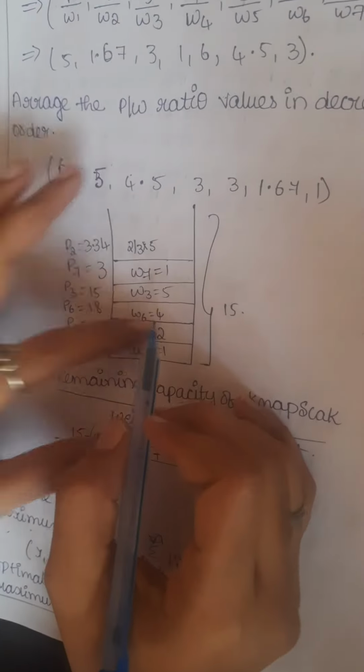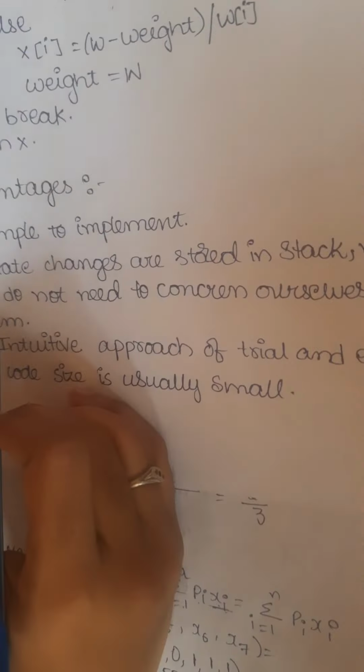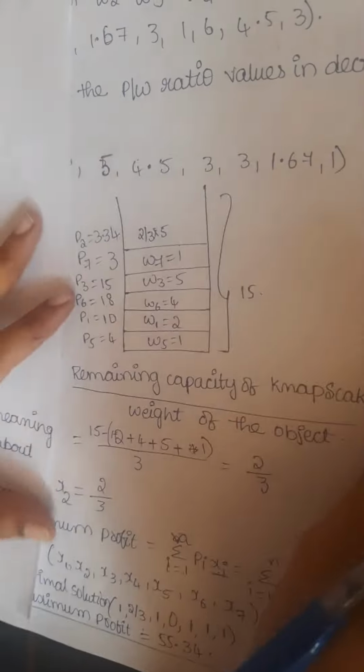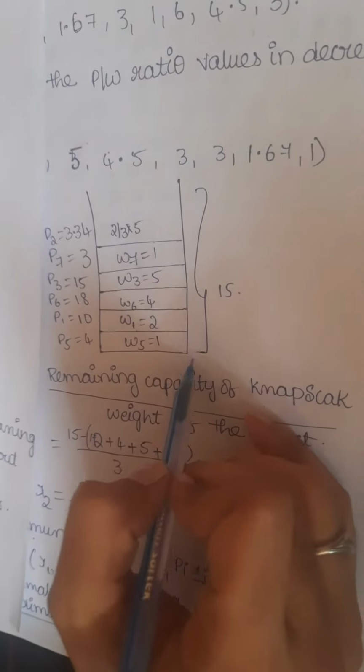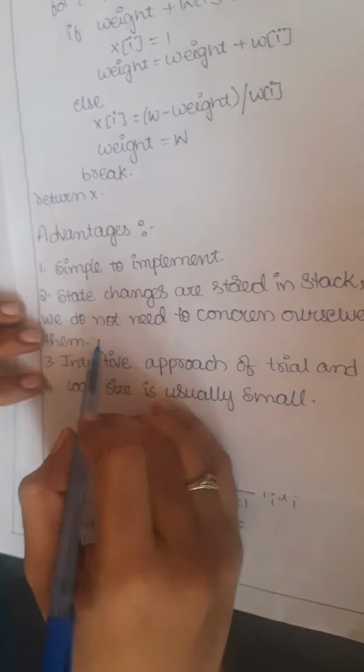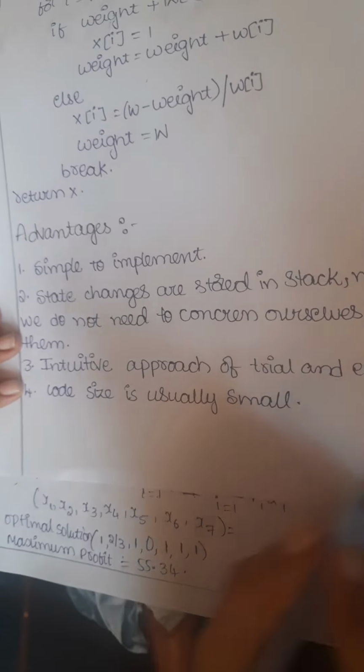This is the stack, right? This point is saying that it is stored in the stack. It means all the weights are stored in the stack up to its maximum weight. This is one advantage.